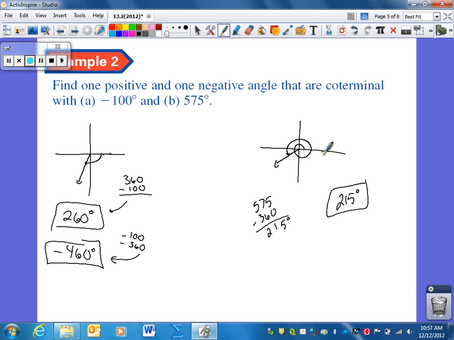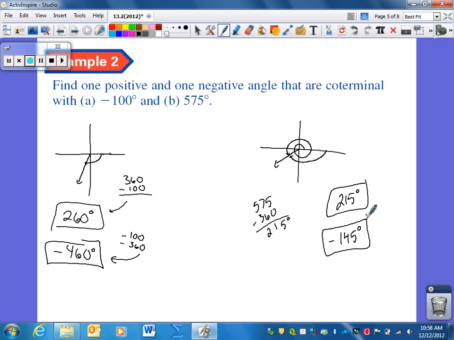So how do I go from here to there? How many degrees is that? That'd be another positive one. Yep. A negative 145 degrees. Oh, we got one positive and one negative.